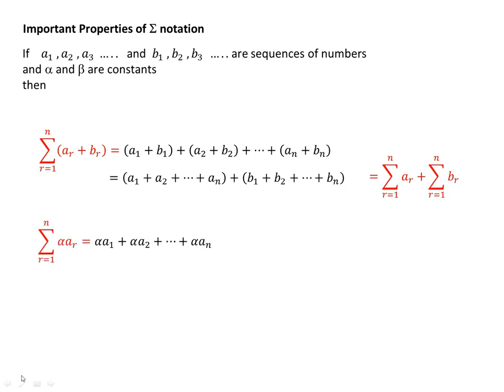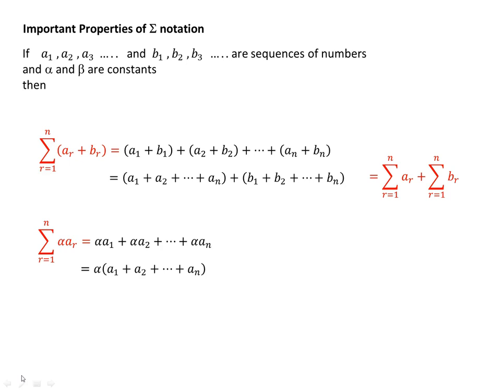The second one: if I have got the sum between 1 and n of alpha, that's a constant number, remember, times AR, then that stands for alpha A1, add alpha A2, add alpha A3, all the way along until alpha times AN. And of course, we've got a common factor there of alpha.